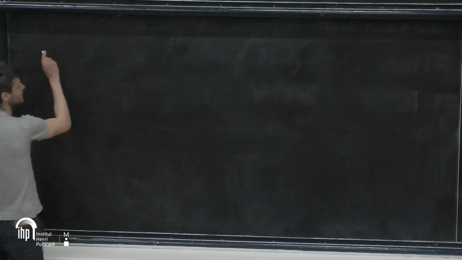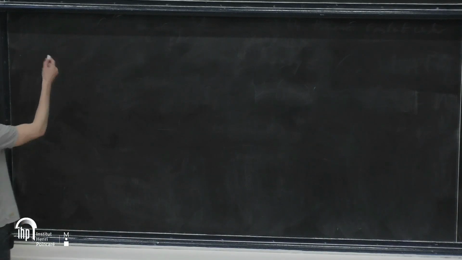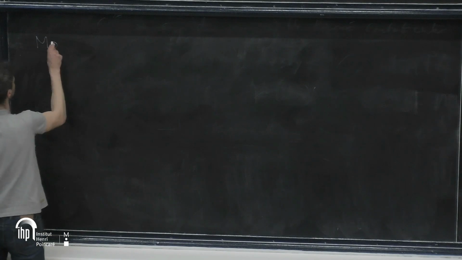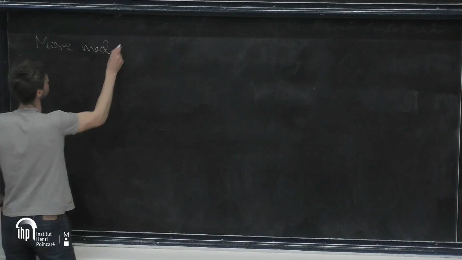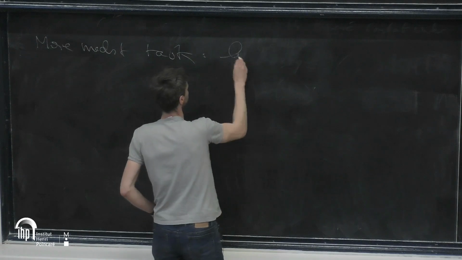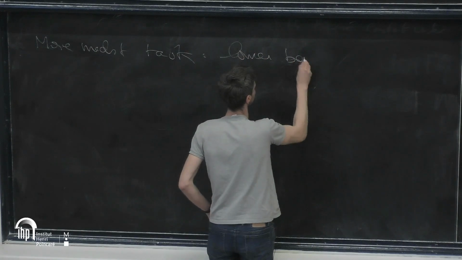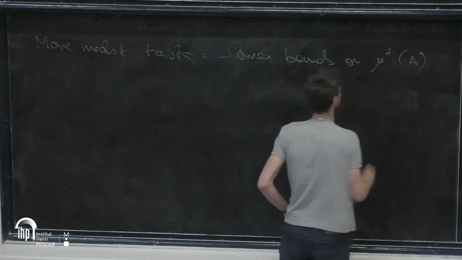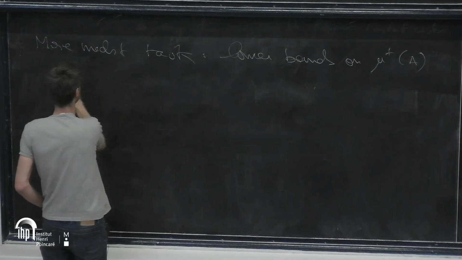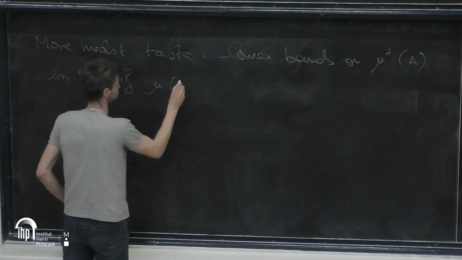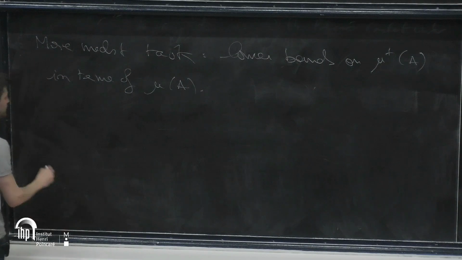So in general, this is hopeless. So we want a more modest task. So a lower bound on mu plus of A in terms of, okay.